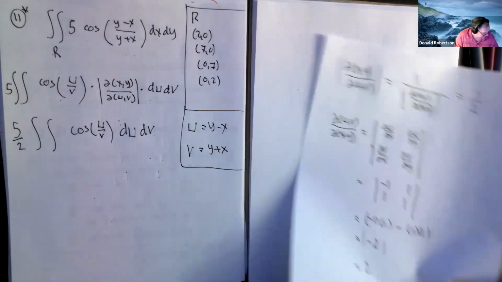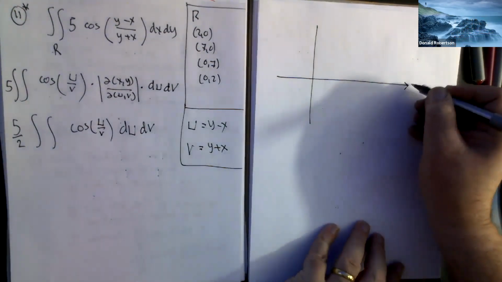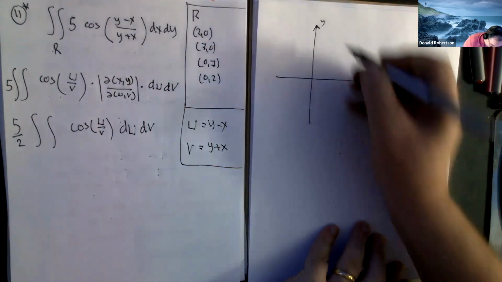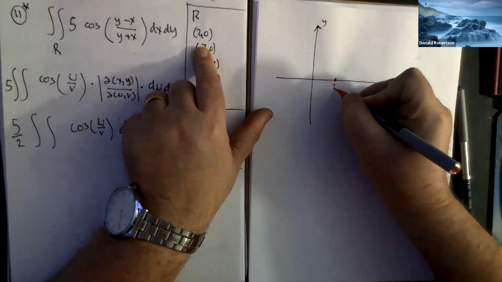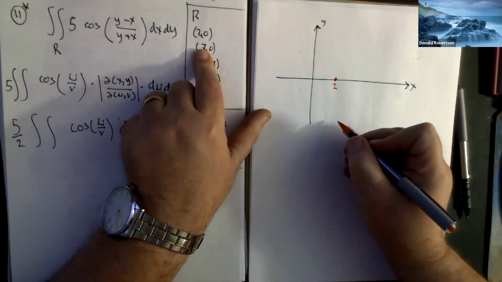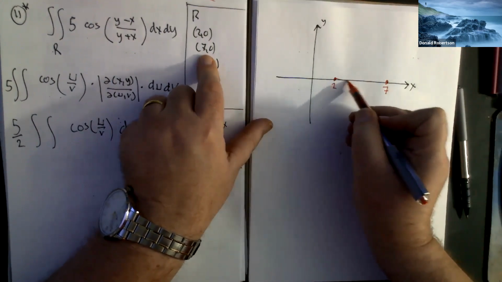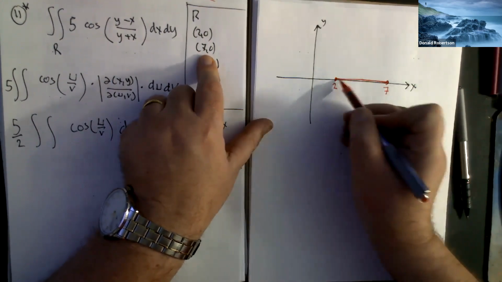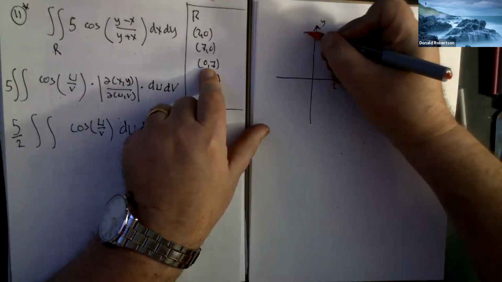Now, the last part is going to be the worst. Let's look at this trapezium. 2, 0 is here. 7, 0 is here. 0, 7 is up here.